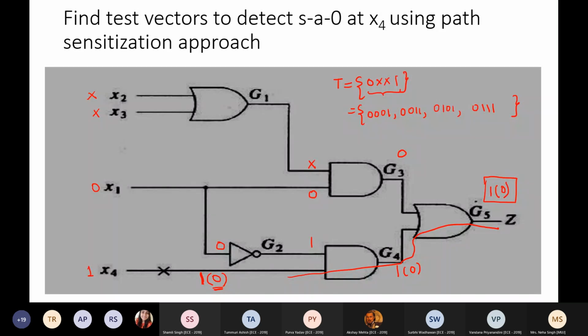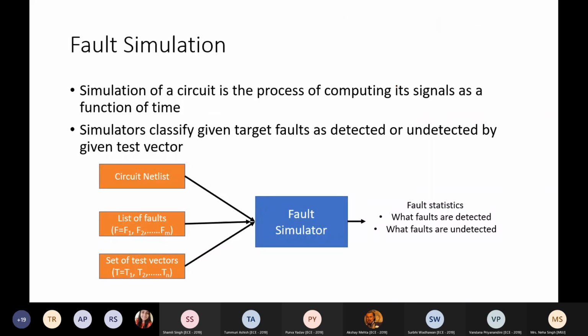Now we have the test patterns, but how will we use them? For that we are basically going for simulation. Simulation simply means you need to write a program which will simulate your circuit and give you the value of the signal at any time.